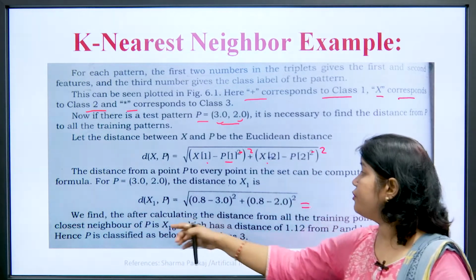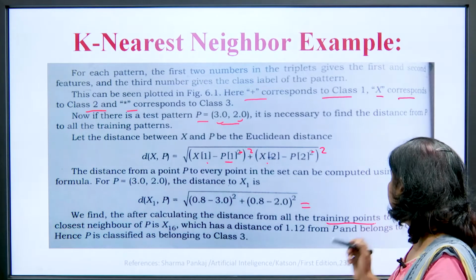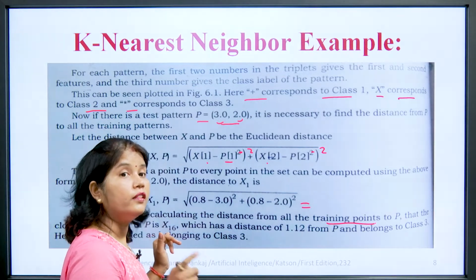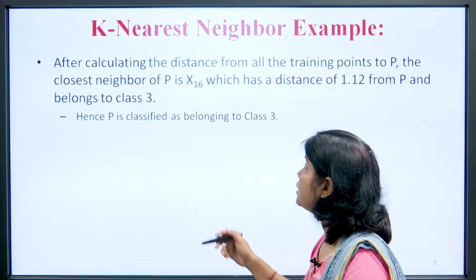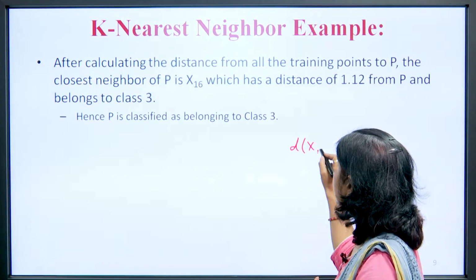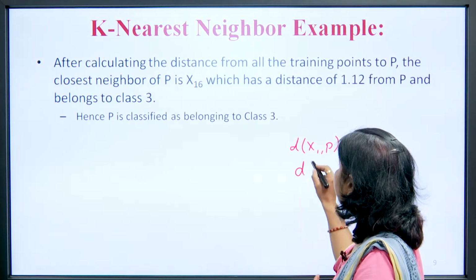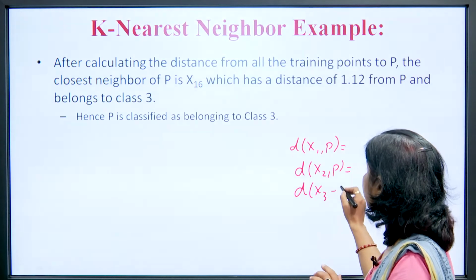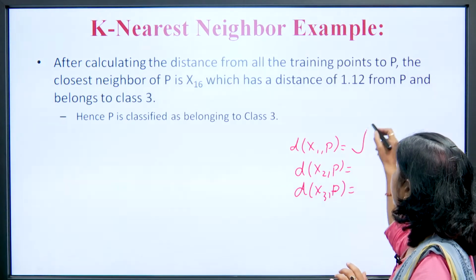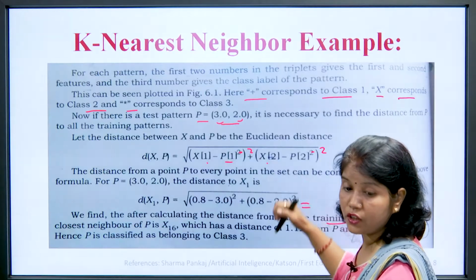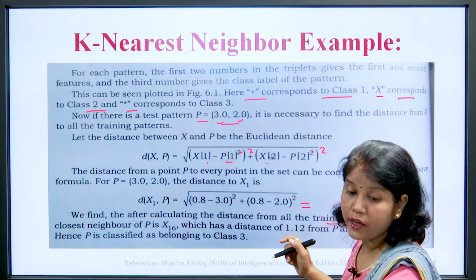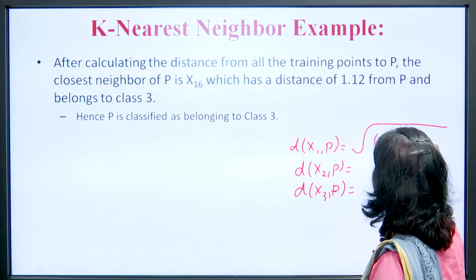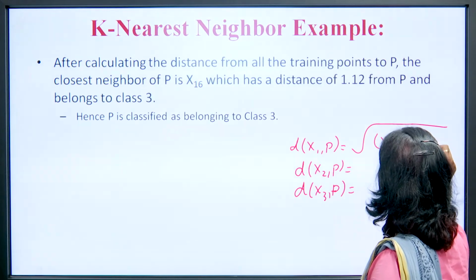So, we find, after calculating the distance from all the training points to P, the closest neighbor of P. After finding this, you will take the distance of x1 comma P, then the distance of x2 comma P, then the distance of x3 comma P. And how do we find x1 to P? With this formula: (x1 minus p1) squared plus (x2 minus p2) squared.